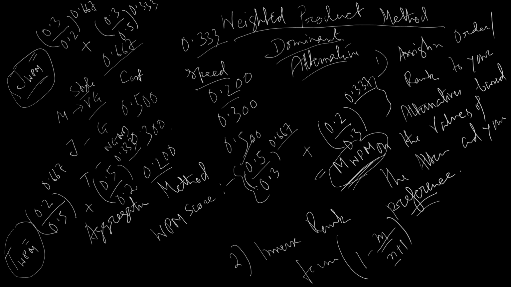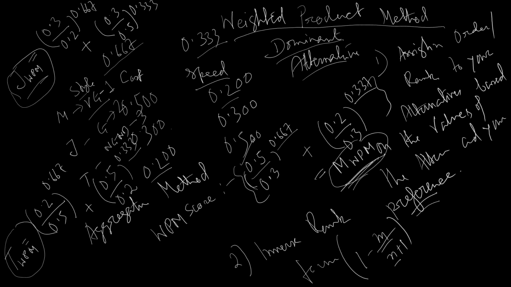Here, very good indicates that this must be your most preferred alternative, so you assign the best rank to that, followed by good, and then neither good nor bad. The qualitative rating that you have assigned shows how preferred that alternative is to the decision maker, and accordingly you assign the order or rank to that alternative.